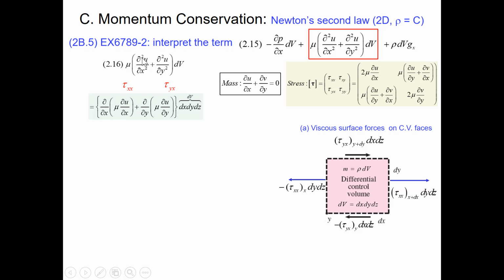First, we take constant viscosity into the derivative, and then break second order into 2 first order, and represent differential control volume dV with dx dy dz.